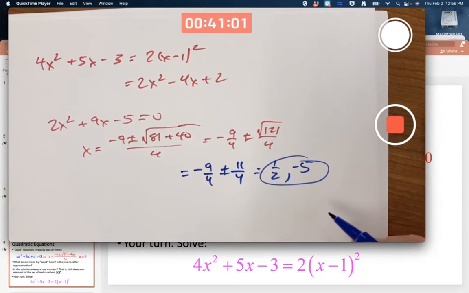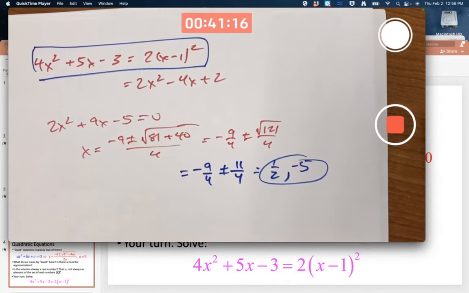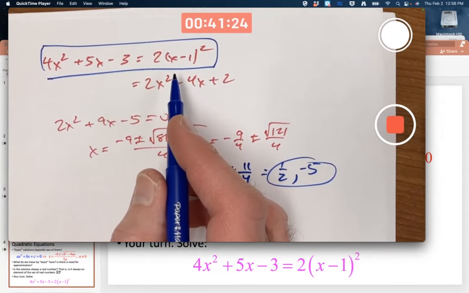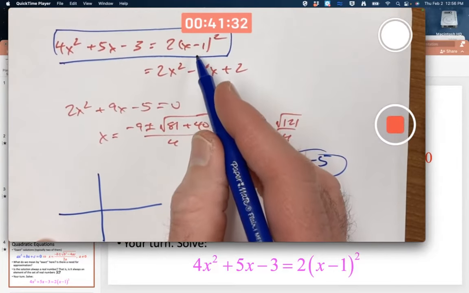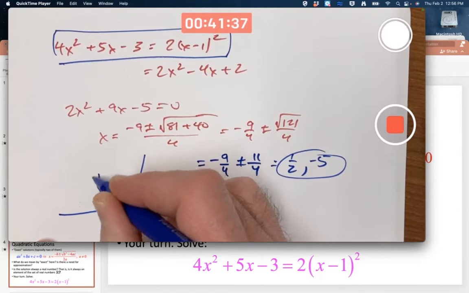Usually when we think about solutions of equations, we're thinking about them as equations of something equals 0. And so graphically, we're after where the graph crosses the horizontal axis. But the original equation wasn't something equals 0. It was two different functions equaling each other, two quadratics whose graphs are two different parabolas. And we're after the x values where those intersect, right? Let's see, this first one, the one on the right, has a graph that's going to look about like this. Vertex at x equals 1.